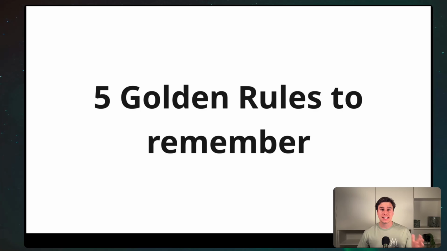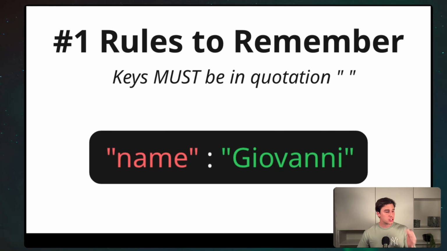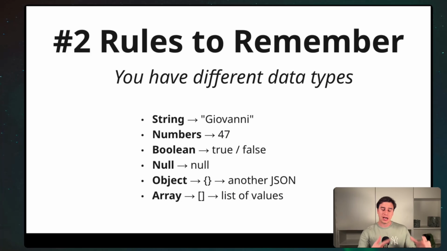To conclude, let's just summarize with 5 golden rules what you need to remember in order to stop making mistakes with JSON and in order to further clarify the concept that we just saw. The first rule is that key must be in quotation. So in this example, we're talking about name, so the first part, and it's always a string, so must be in quotation. Number 2, you have different data types: strings, numbers, Boolean, null, object, and arrays.